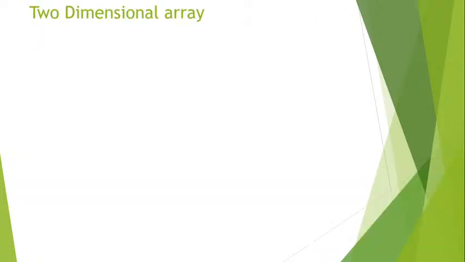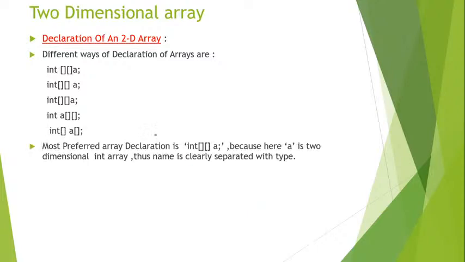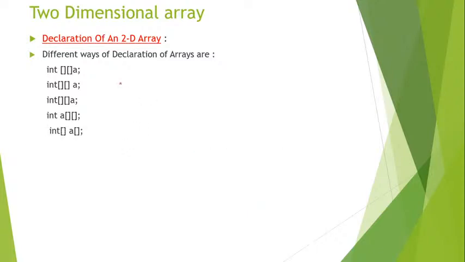So how can we declare it? We can declare it this way, using two square brackets. Whenever you want to represent a 2-dimensional array, you simply use these two square brackets, and later you define the name of your array.